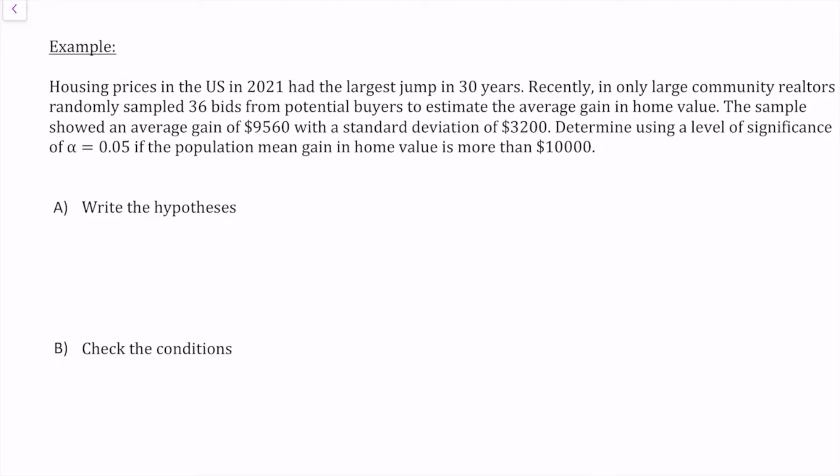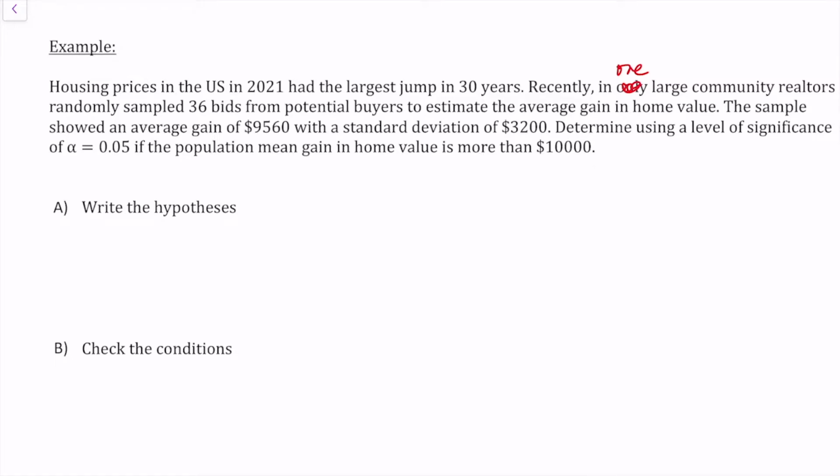For example, housing prices in the U.S. in 2021 had the largest jump in 30 years. Recently, in one large community, realtors randomly sampled 36 bids from potential buyers to estimate the average gain in home value.